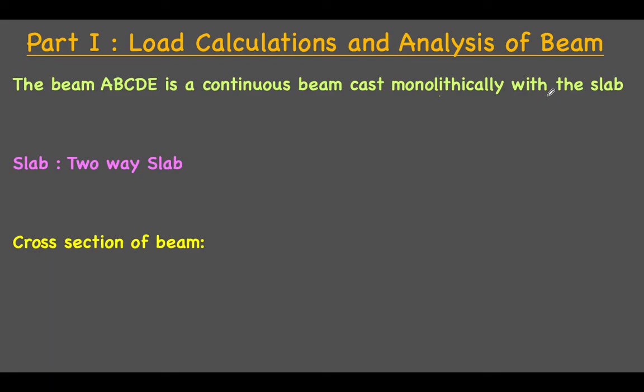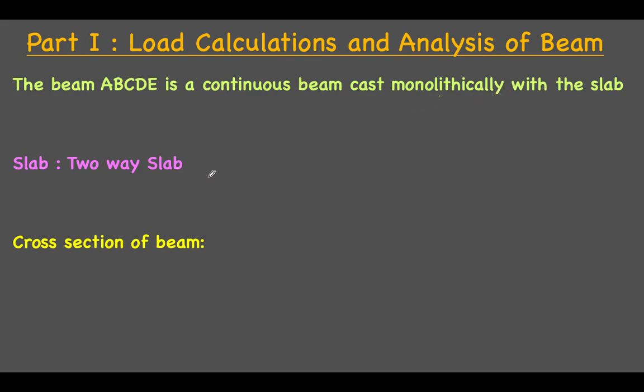In the next part I will be showing you reinforcement which creates continuity effect on support, and with monolithic concreting continuous over there, but by cutting down reinforcement over support, that beam can be considered as simply supported or fixed beam, right?